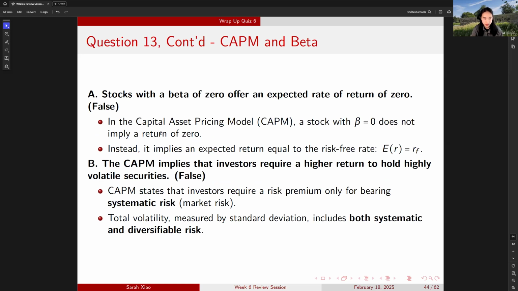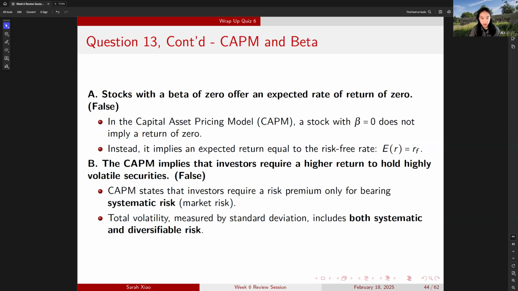So we know that in the capital asset pricing model, a stock with a beta of 0 does not imply an expected rate of return of 0.